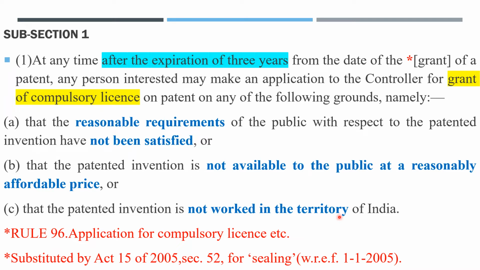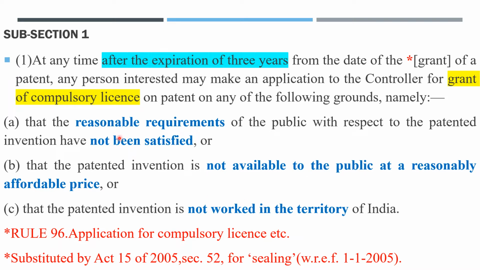So ground number 1 is that reasonable requirements of the public with respect to the patent have not been satisfied. Fine. Or the second ground, we can say the patented invention is not available to the public at an affordable price. Fine. Or point number 3, or clause C, the patented invention is not worked in the Indian territory.